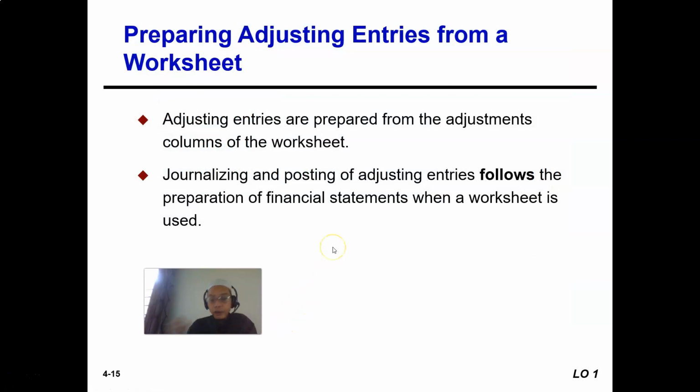Okay, after we have prepared the financial statements from our worksheet, next we will do our adjusting entries.